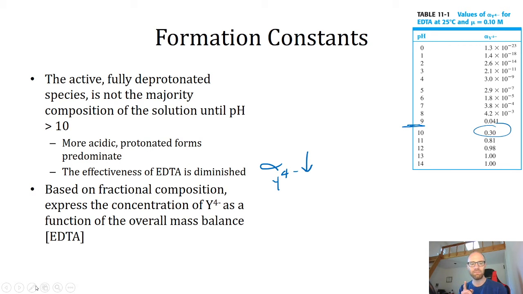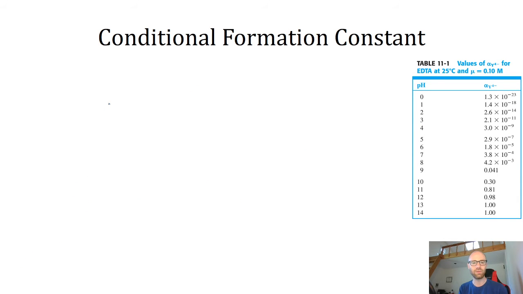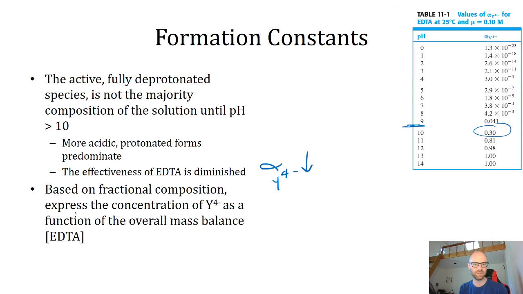My point is, if we're only worried about the Y4 minus concentration, but we have that mass balance to worry about, we should probably be able to put this together in such a way that we are able to respell things.